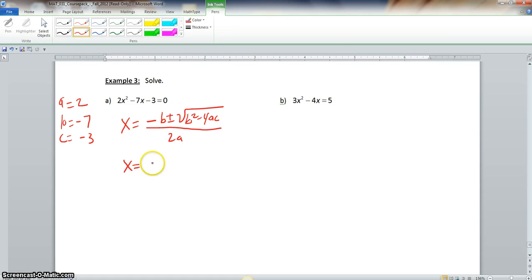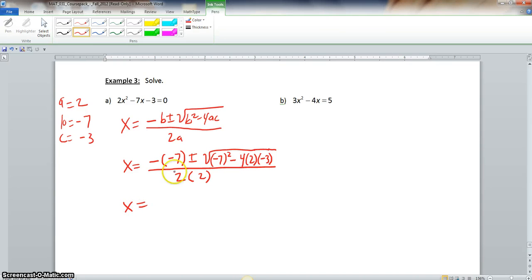So we have x is equal to negative, now b is -7, plus or minus the square root of -7 squared minus 4 times a is 2 and c is -3. And that's all divided by 2 times a, which is 2.